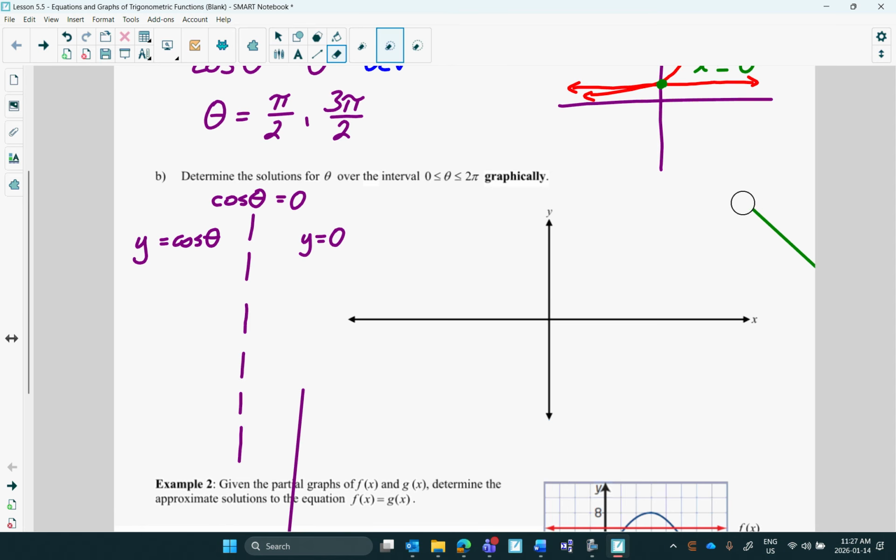Well, cos theta, we should be pretty comfortable graphing now. How would we graph cos theta?